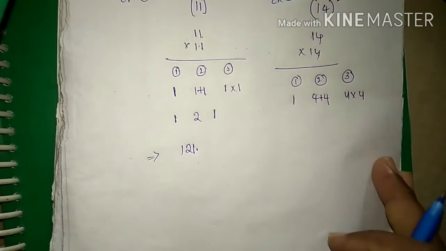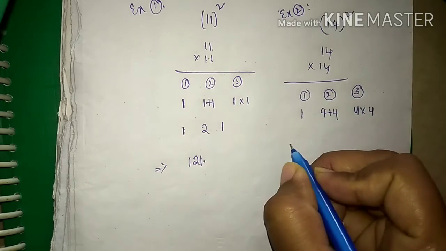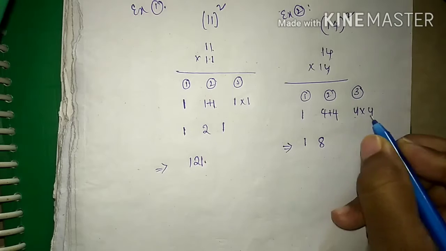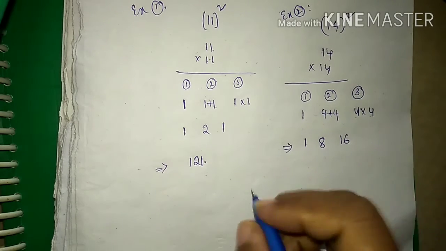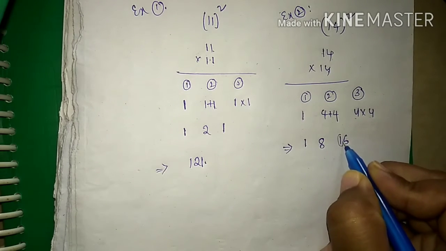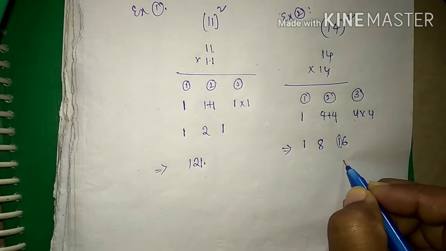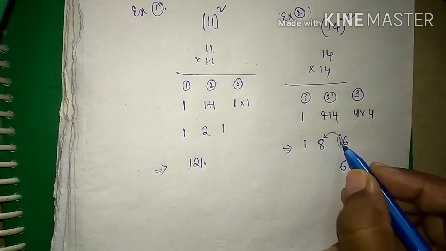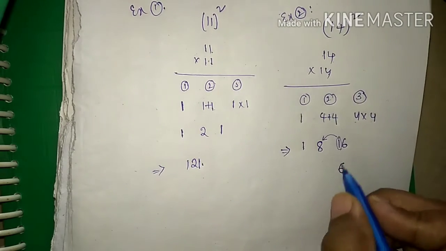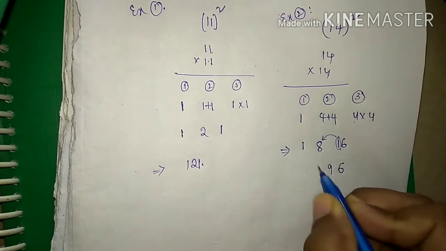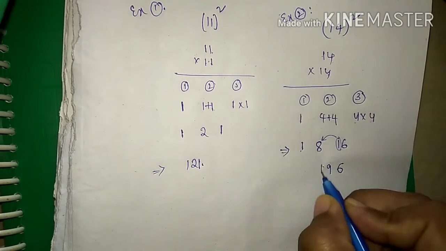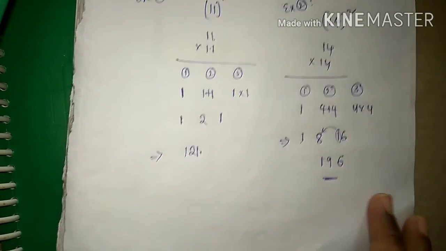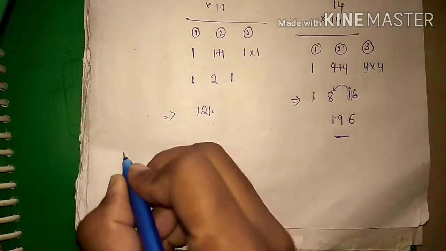Here is some difficulty. 1, 4 plus 4 is 8, 4 into 4 is 16. Right? Here 1 is carry. So we have to write 6 and 1 is carry, so we have to add 1 to the next number. 8 plus 1 is 9 and we have to write 1 here. So 196.